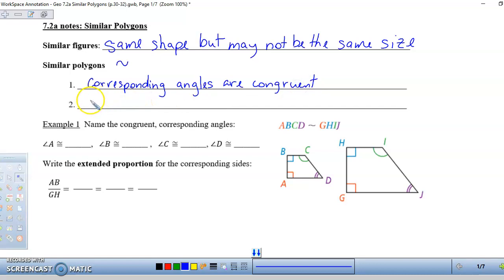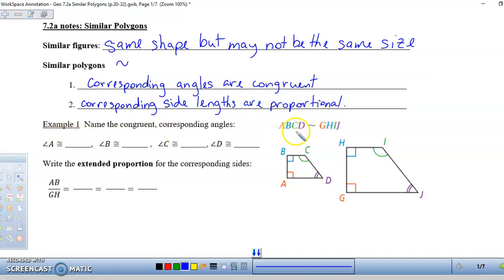And then the second part is that the corresponding side lengths, now this is the part that's different than congruency, are proportional. So it's no longer that the side lengths are congruent, it's that they have the same ratio for corresponding sides. Okay, so we're going to start using proportions and ratios when comparing similar polygons.